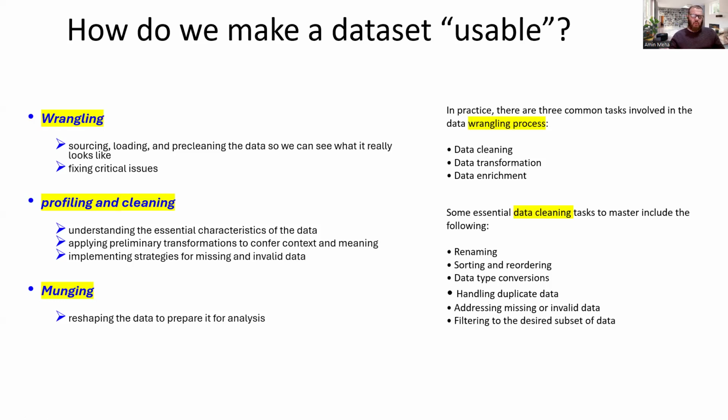Then we do the profiling and cleaning: understanding the essential characteristics of the data, applying primary transformations to confer context and meaning, and lastly implementing strategies for missing and invalid data.